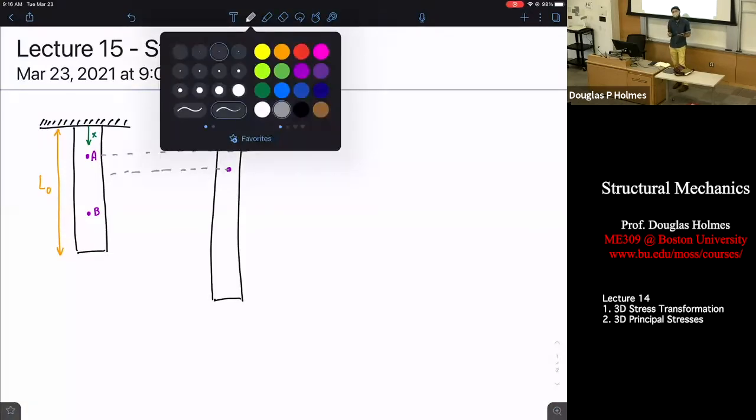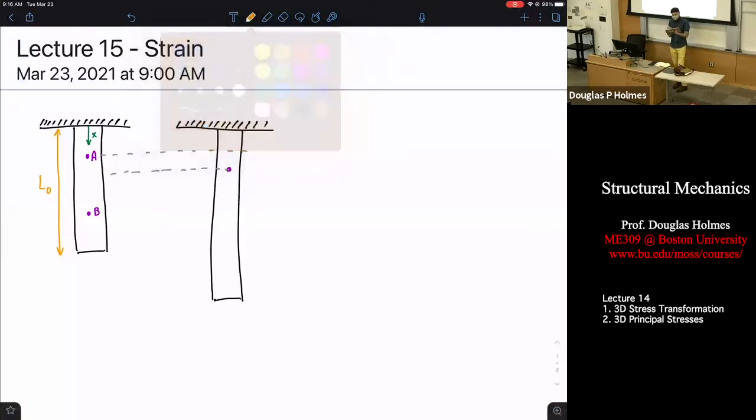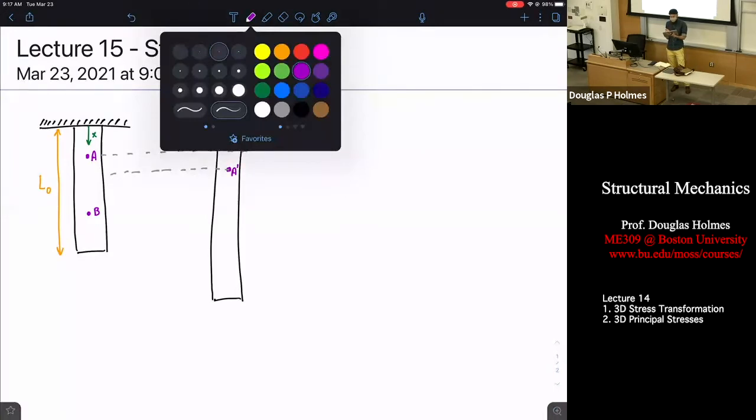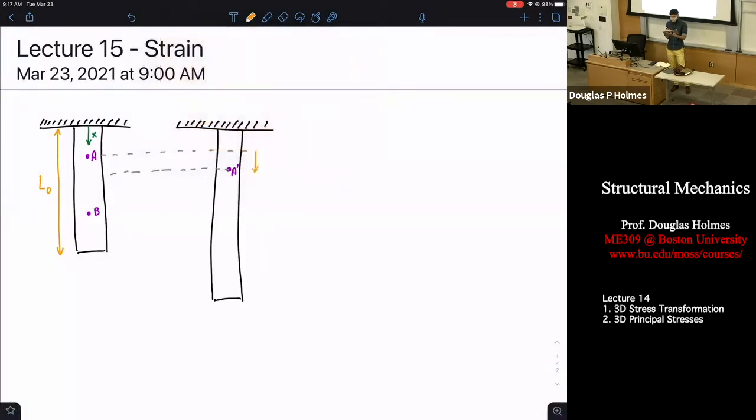We've talked about how we describe displacement in the x direction with the lowercase letter u, displacement in the y direction with the lowercase letter v, and displacement in the z direction with the lowercase letter w. We're going to keep that same notation here. And so this material point A has displaced to its new location A prime, and it's displaced an amount u.